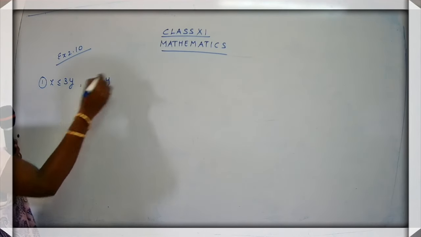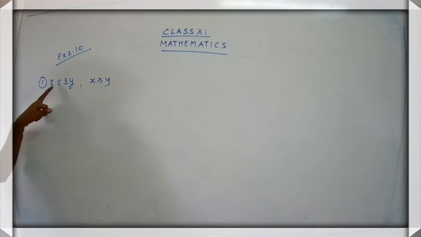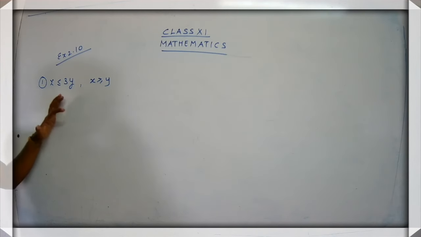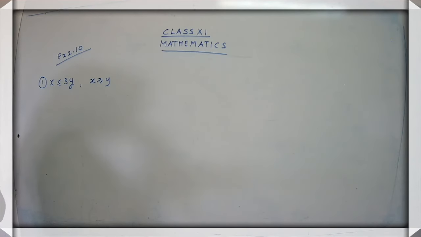So these are the two inequalities given here. Inequality means you have a less than or a greater than sign along with the equal. We are going to plot this and check where this particular region in the plane is lying, so we are going to find out the region.